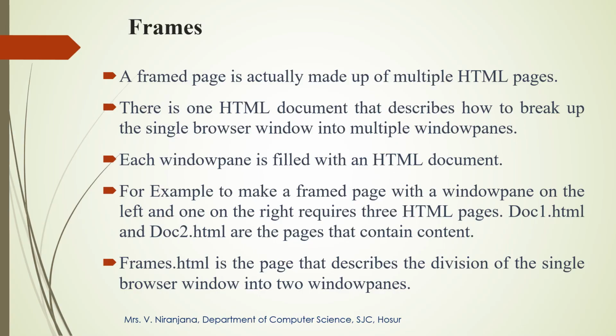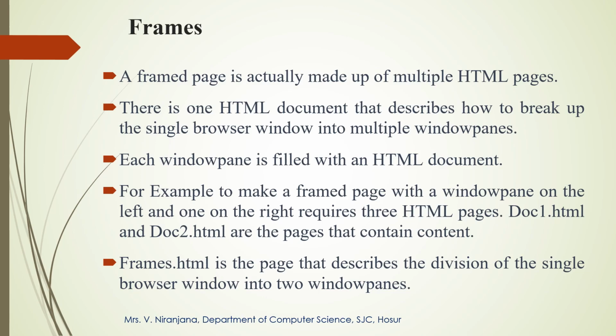A framed page is actually made up of multiple HTML pages. There is only one HTML document that describes how to break up the single browser window into multiple window panes. For example, to make a framed page with a window pane on the left and one on the right requires three HTML pages.